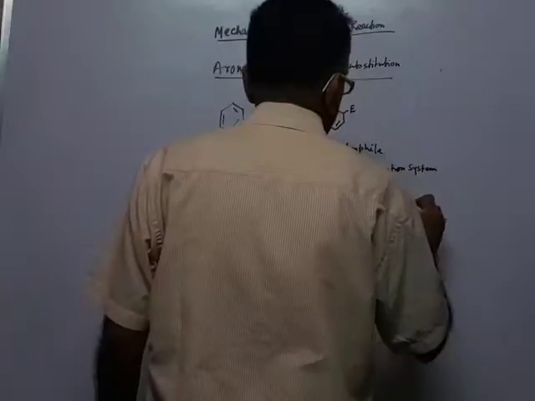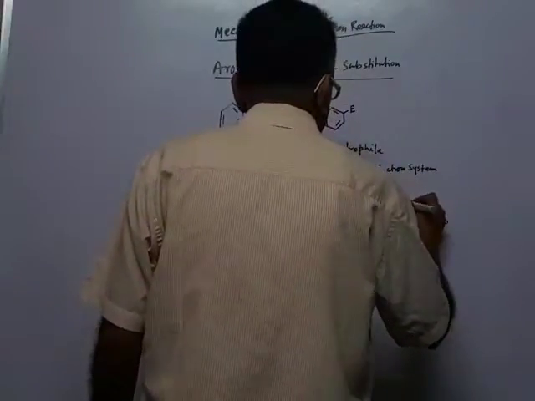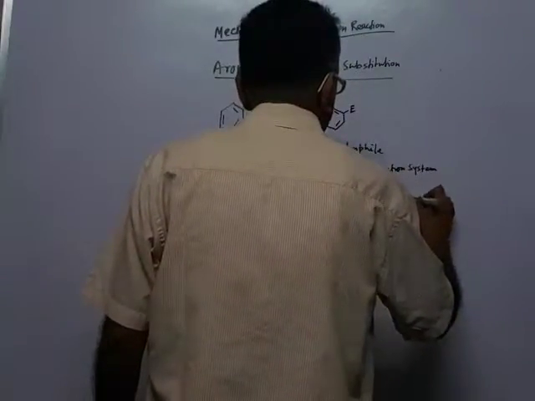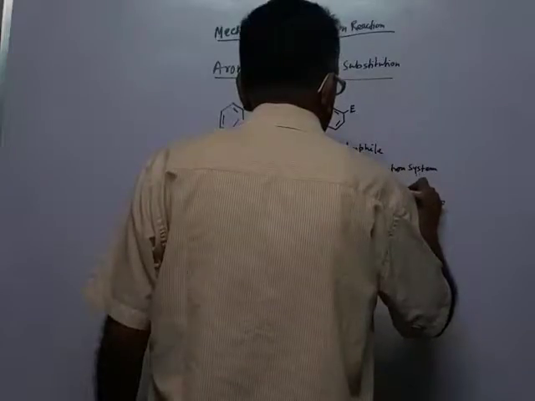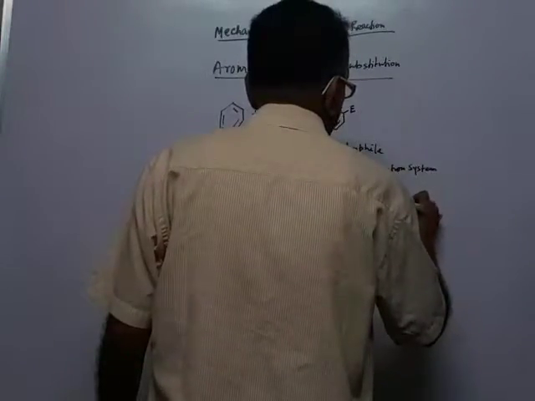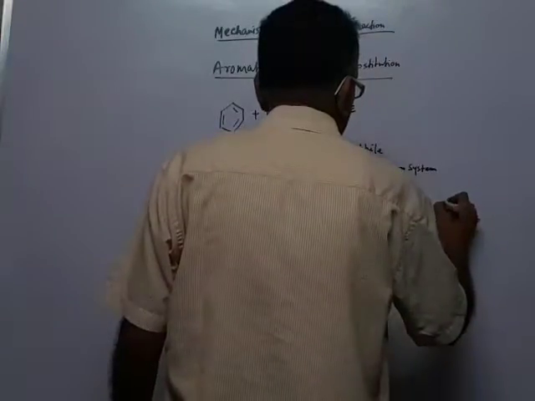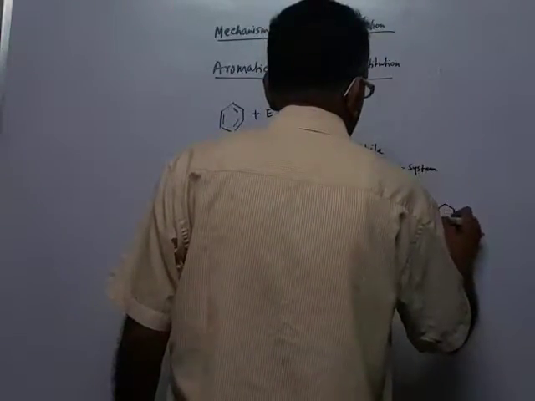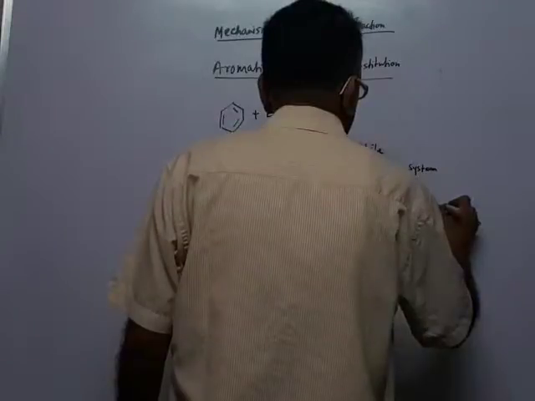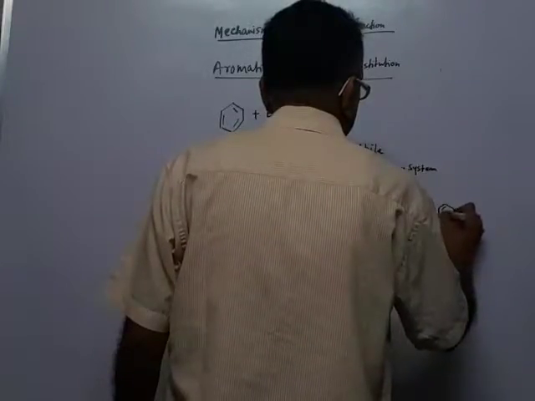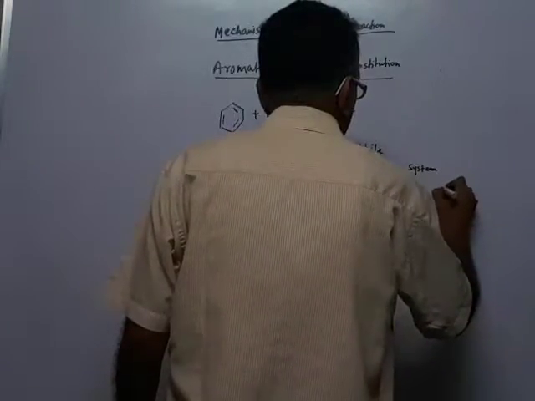this one, and here is one hydrogen and one E, and from here this hydrogen is removed, and again aromaticity is regained. So this step is very fast and aromaticity is regained by the compound.